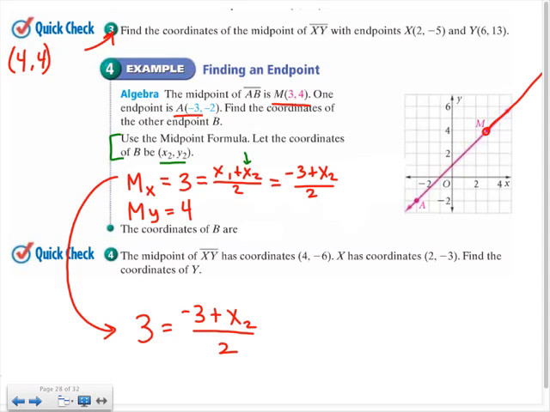I want to isolate x2 because that's the B coordinate that I want to know. So I will multiply both sides by 2. So now I find that 6 equals -3 + x2. And now to isolate x2, I'll just add 3 on both sides.